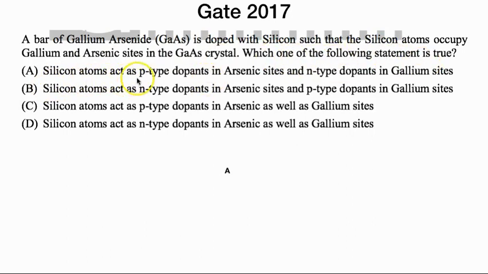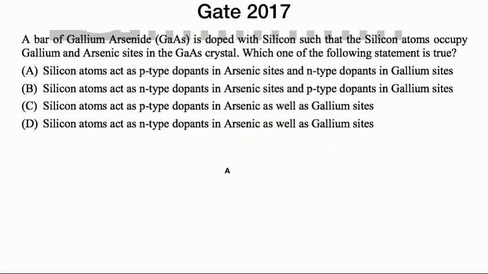A: Silicon atom acts as p-type dopant in arsenic and n-type dopant in gallium site. B: Silicon atom acts as n-type dopant in arsenic and p-type dopant in gallium site. C: Silicon atom acts as p-type dopant in arsenic as well as gallium. D: Silicon atom acts as n-type in arsenic as well as in gallium.